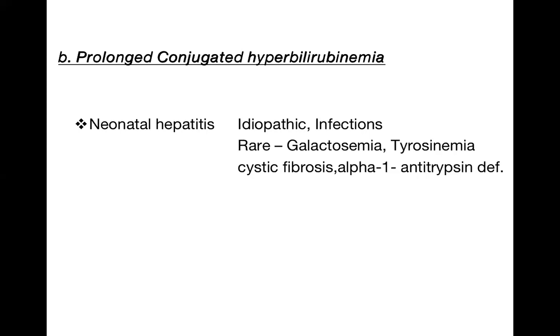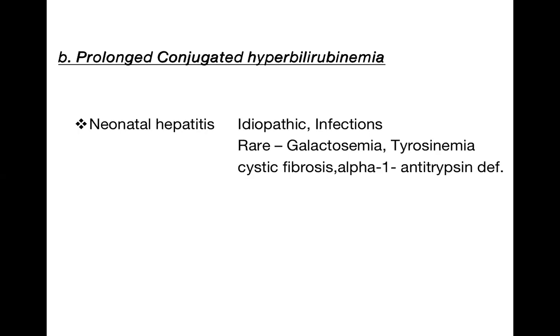Without the conjugation reaction, bilirubin is not water soluble, and water soluble bilirubin is only present in the bile. The unconjugated bilirubin, maybe a small amount is present, but it is not a significant way of excretion.